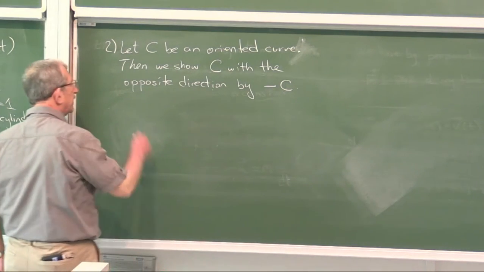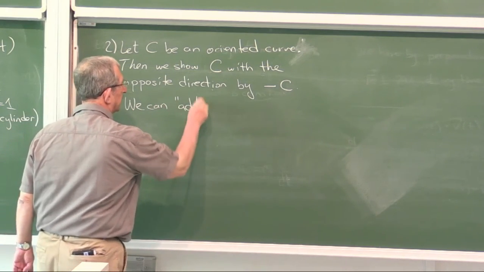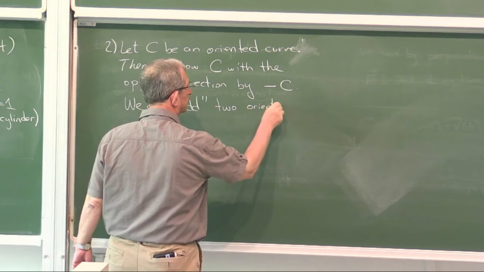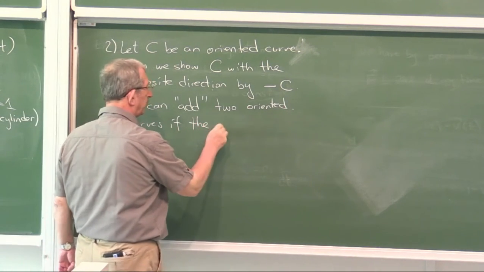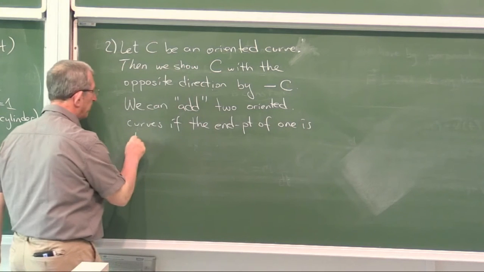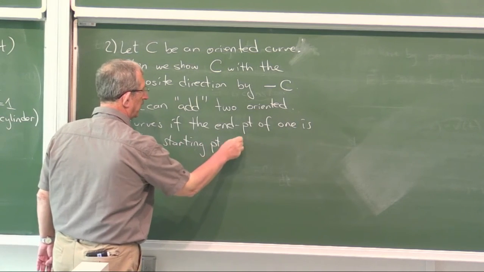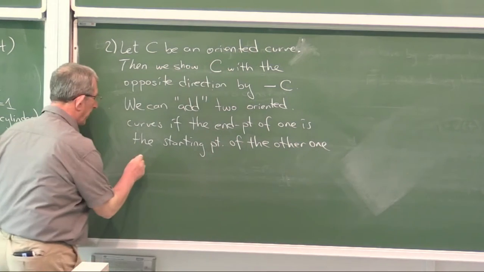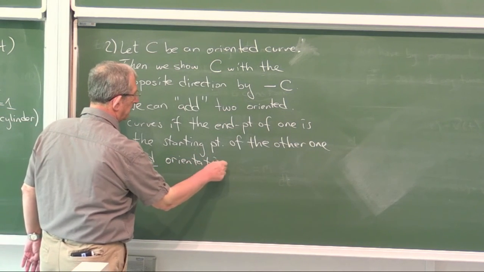And we can add two oriented curves if the endpoint of one is the starting point of the other one, and orientations match.